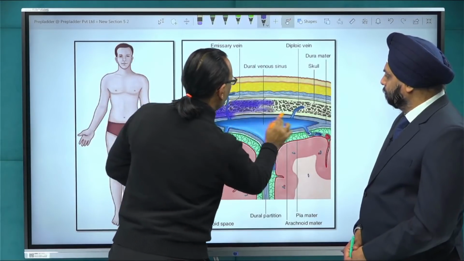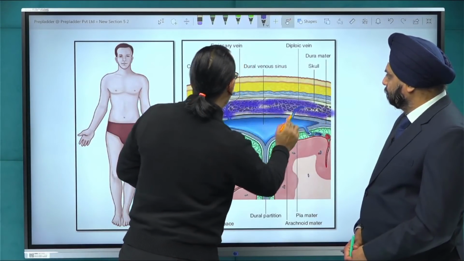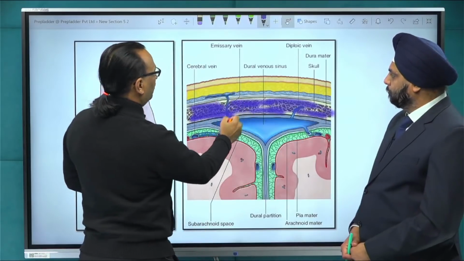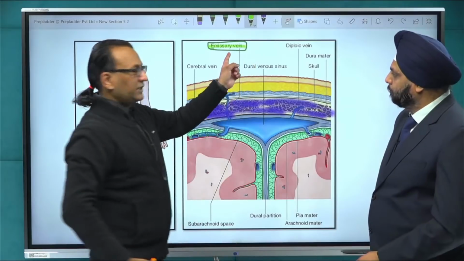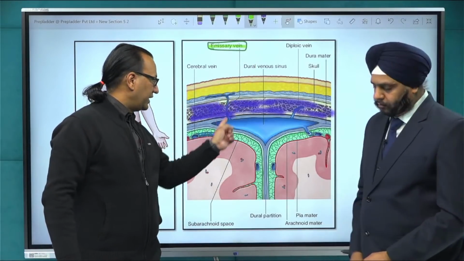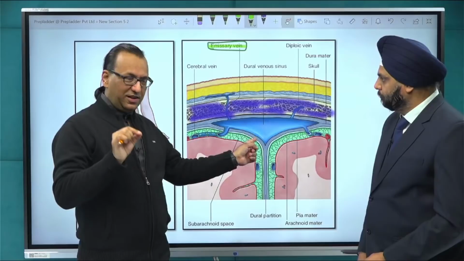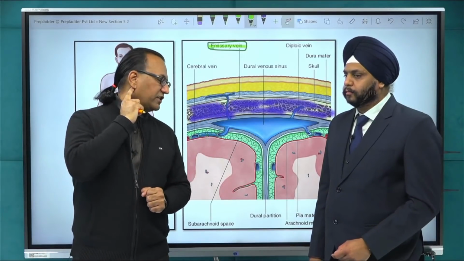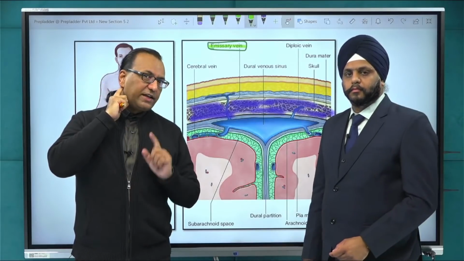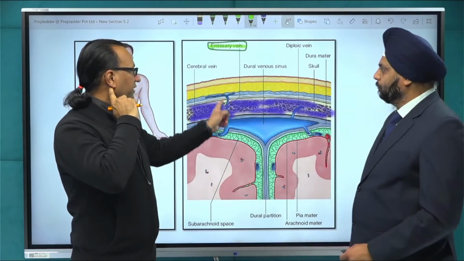Now, like in this question, we will require the knowledge of emissary veins. The emissary veins basically connect the scalp with the dural venous sinus. And as sir has suggested, the question was on sigmoid sinus thrombosis. From there, there is one emissary vein, the mastoid emissary vein.